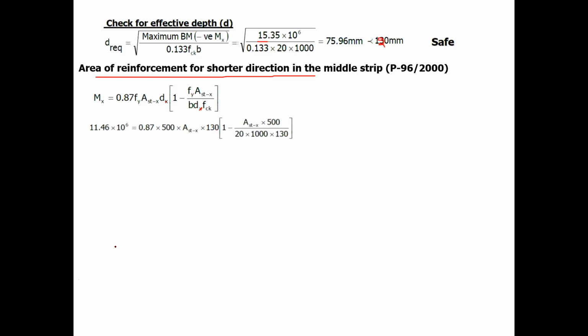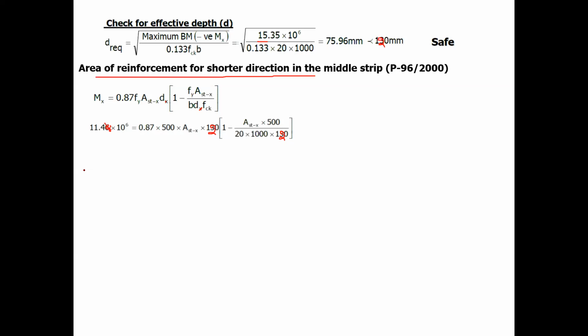Sir, 11.406. How much? Mx is 11.406, sir. Okay, no problem. Tell me the Ast value. So this is 120 and this is 11.406. It won't affect much, nothing to worry.